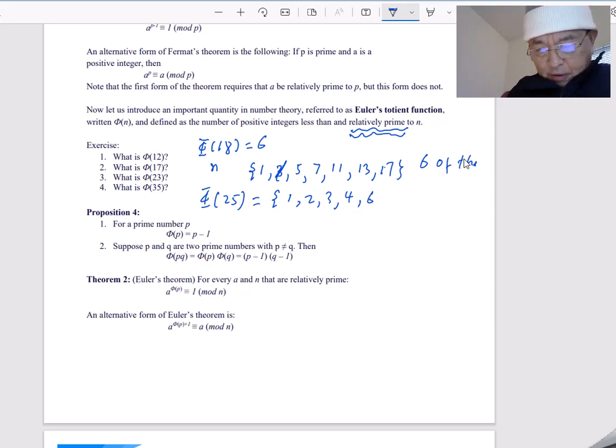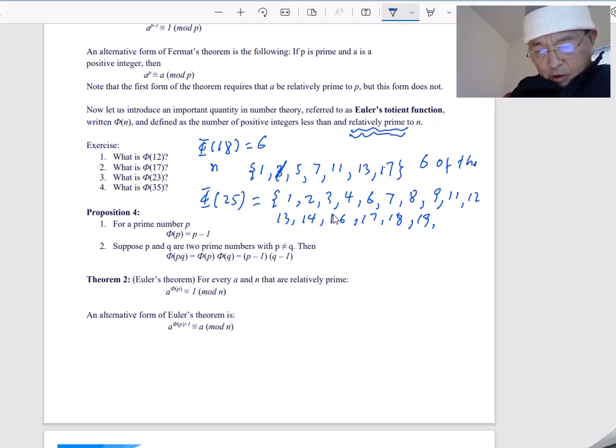6, okay, and 7, 8 are relatively prime to 25. 9, not 10, 11, 12, 13, 14, as long as they are relatively prime. 16, 17, 18, 19, not 20, because 20 is divisible by 5.